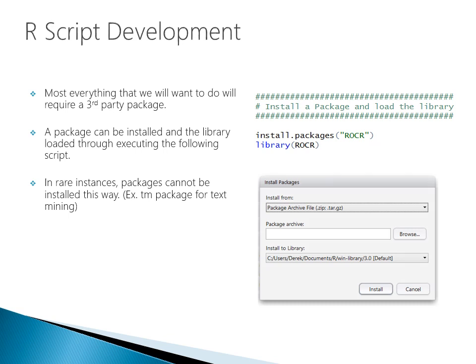In rare instances, certain packages cannot be installed this way. For example, the tm package for text mining is no longer supported by CRAN. So to use this package, what we will do is we will find from the website or wherever we've obtained the package source, we'll download the zip file, and then we will install it manually through the RStudio interface.